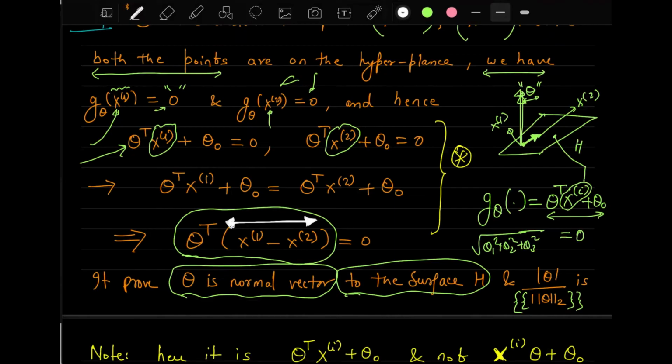So the vector which is connecting two points in the hyperplane, multiplied with theta transpose, gives you 0. It's not theta transpose theta which is equal to 0, because this theta is not the vector which is connecting the points in the hyperplane. This is simply theta transpose theta of itself. Here it is 0 because the vector connected in the hyperplane, when it multiplies with theta transpose, gives you 0.